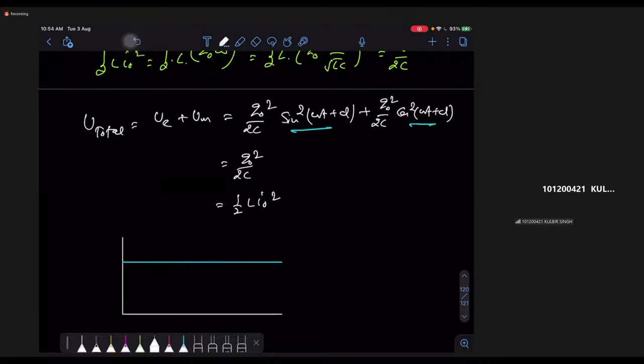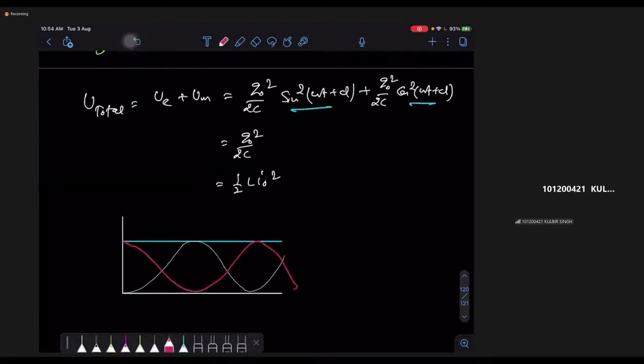When my sine squared is 0, your cos squared is maximum. And when your cos squared is 0, sine squared is maximum. So it will go this way, right?